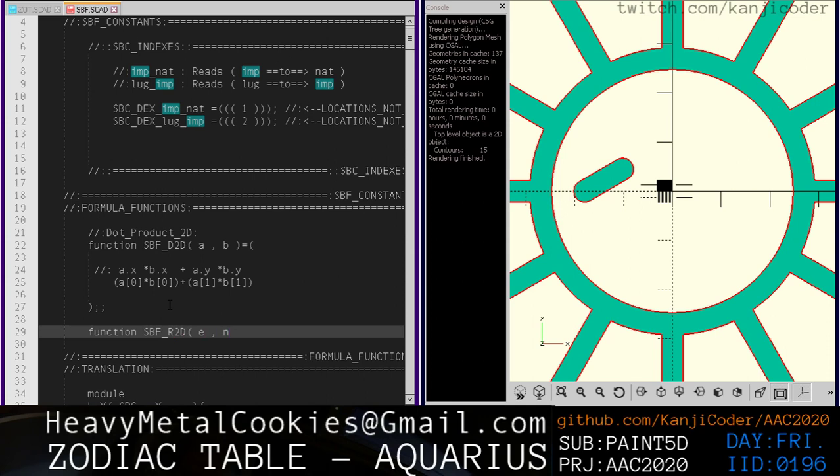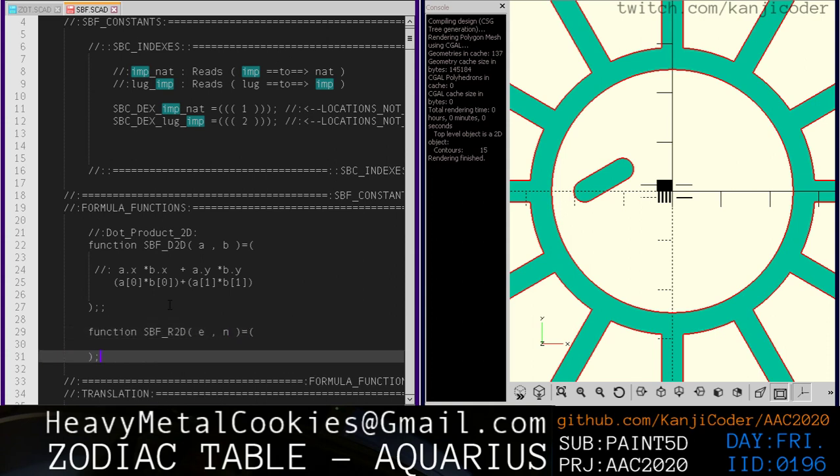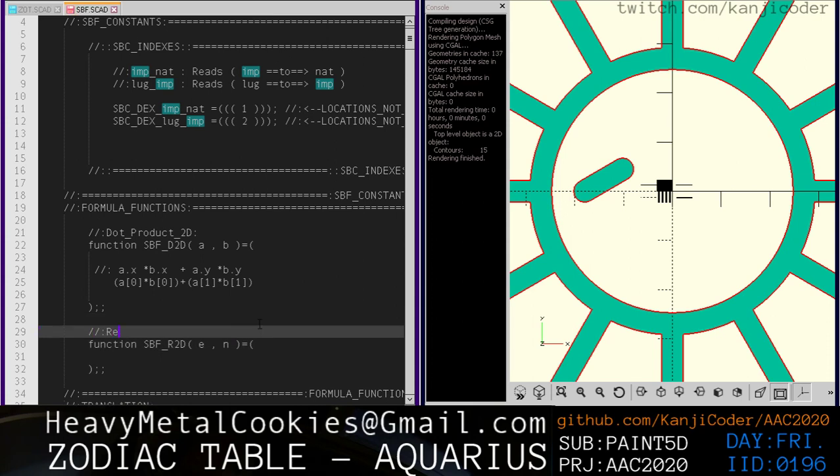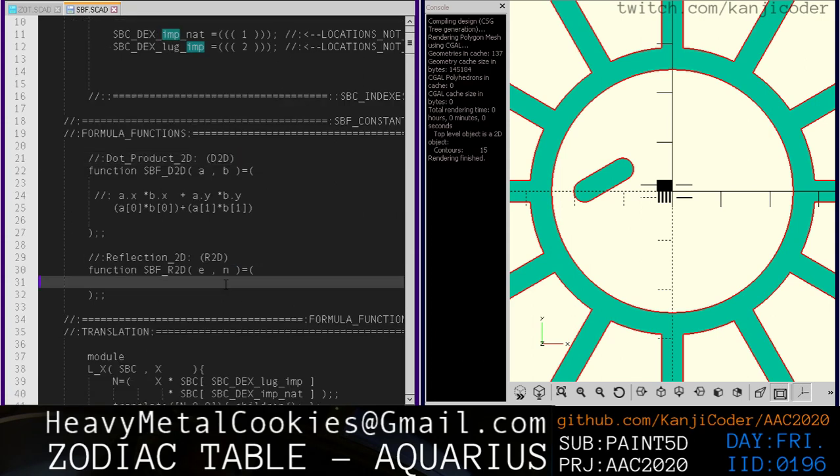I don't know why they're called E and N in those formulas, but that could actually be important because that might just be a standard for naming vectors for reflection formulas. So just doing this might be within our best interest. Okay, so within here, E and N. So this is reflection 2D, R2D, dot product 2D, right? Okay, so within here, what's the formula?